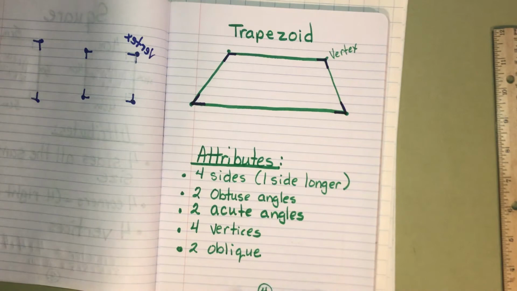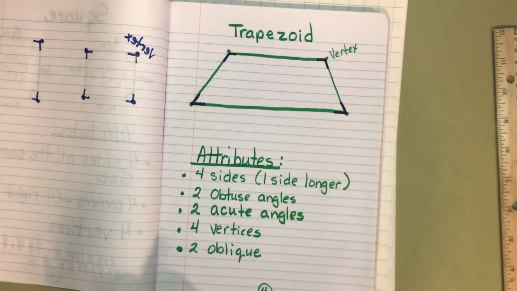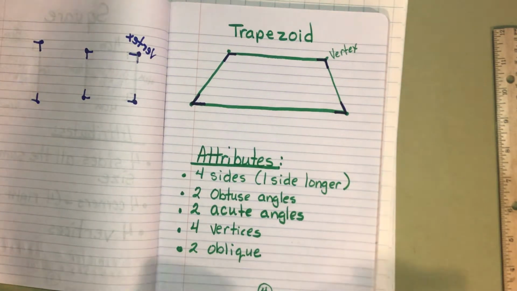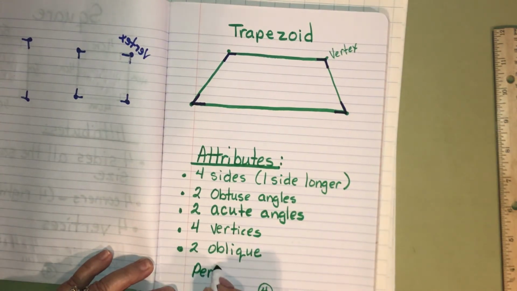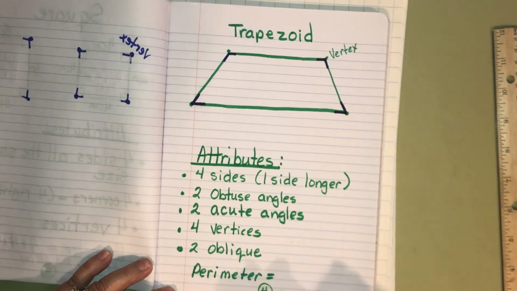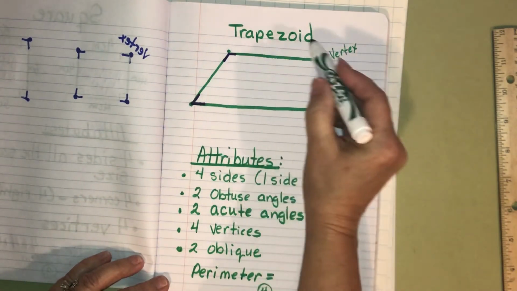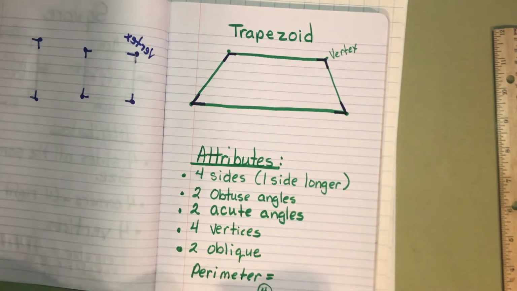And let's figure out the perimeter, all right? So to figure out the perimeter, remember, Adam and Eve walked around the Garden of Eden. How do we figure out the perimeter? We have to add them all.